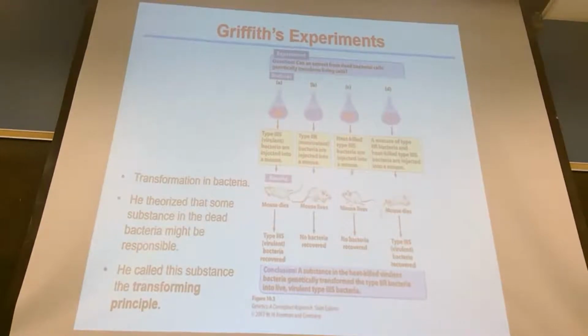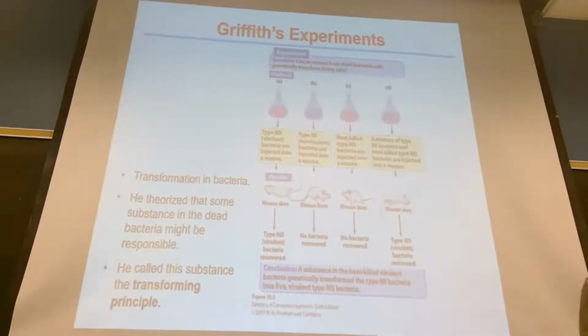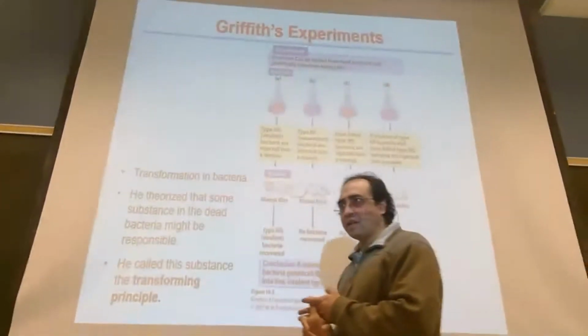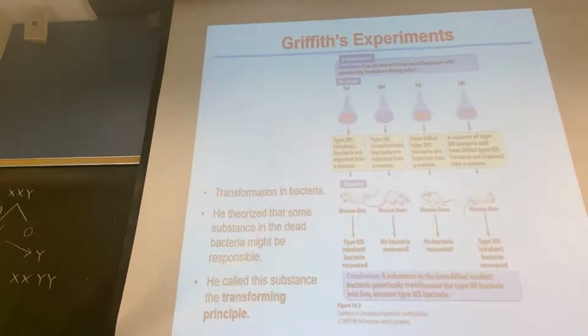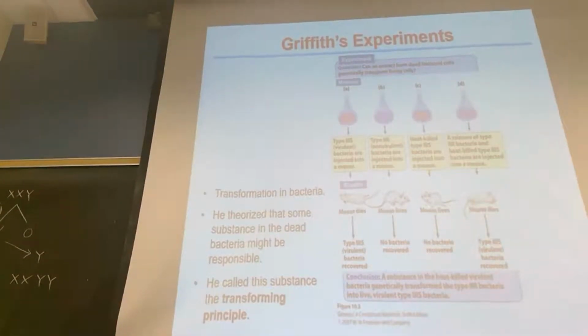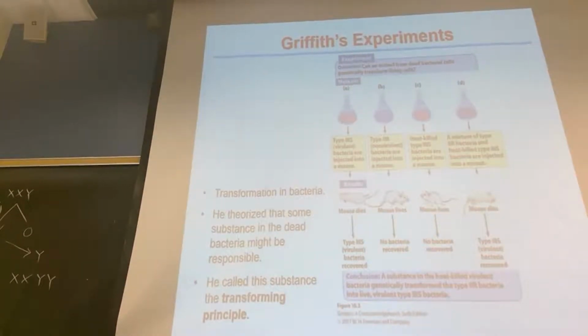So what is the cause behind it? Heat-killed cannot cause pneumonia and the non-virulent type cannot cause pneumonia, but when they are together, they caused pneumonia. So what is the explanation behind it?